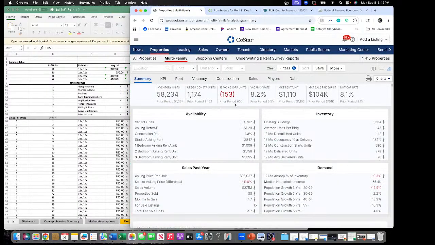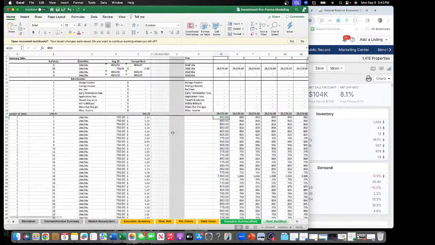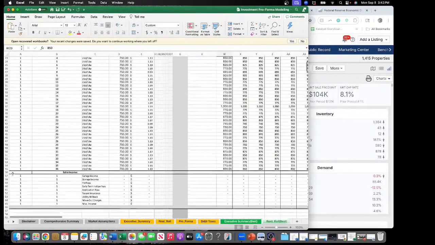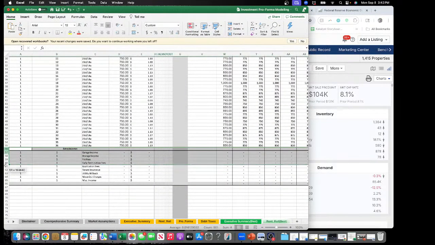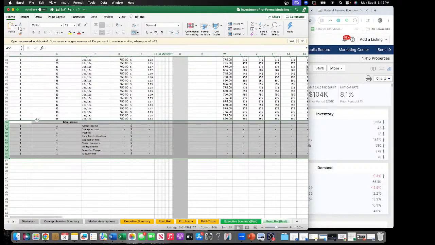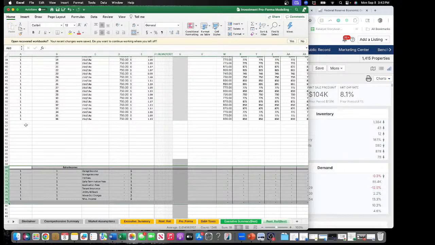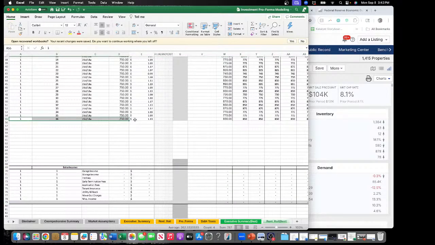Also, if we pull from CoStar, we know that rents are about $1,100 per month. So let's just say, for fun, see what this property could do if rents go up by a lot more. Let's see what it comes up with.